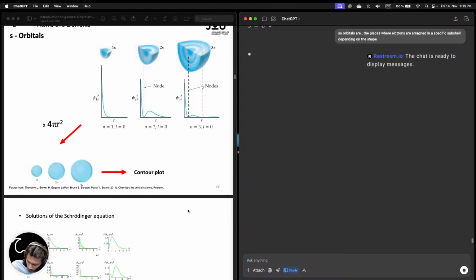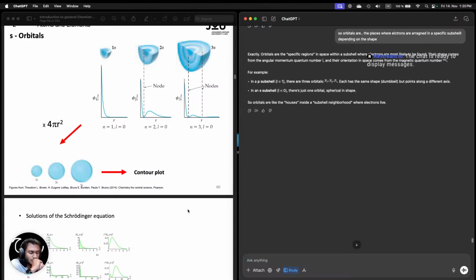So what about s orbitals? Spherical shape, two electrons, one orientation.